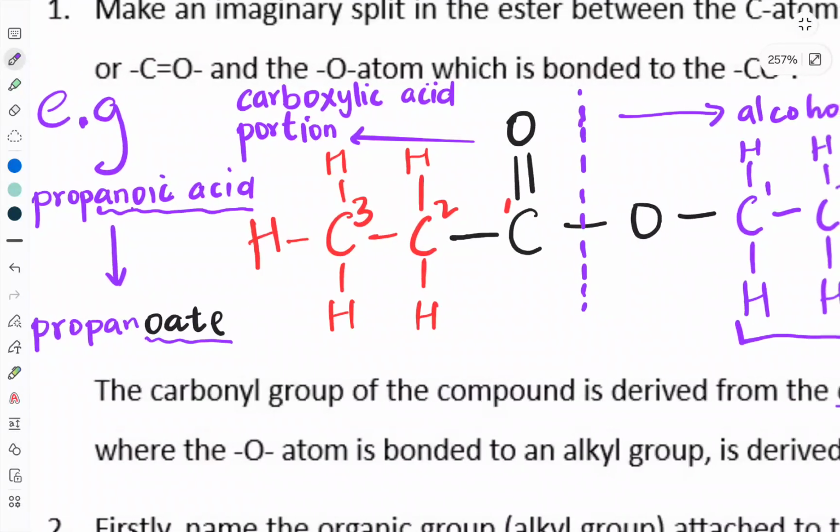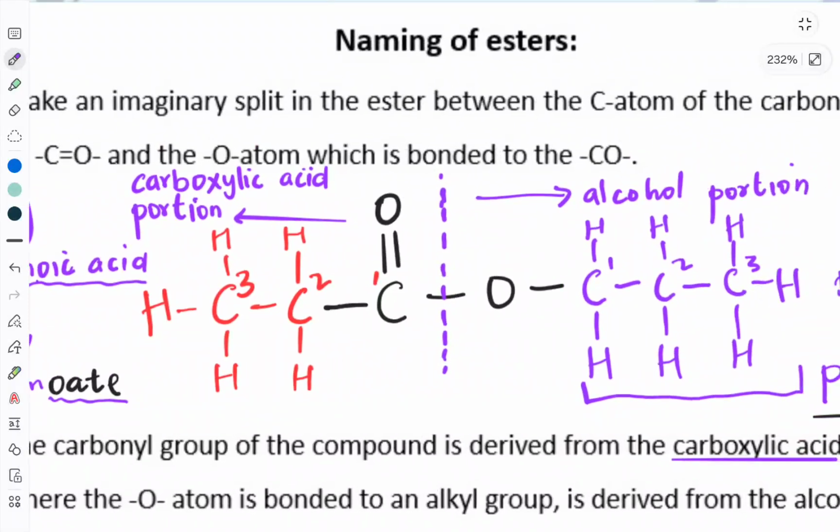Now if you remember, previously what we would do is find the longest chain and start numbering from the side closest to the functional group. In this case, there's no need for that. On one side of the O, we have our own numbering, and on the other side again we have our own numbering.